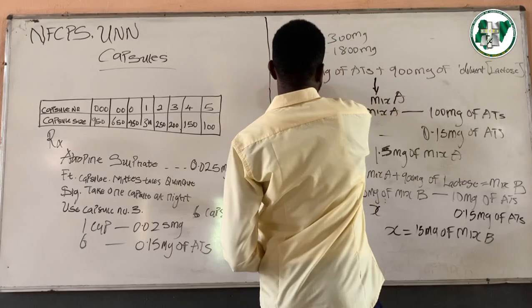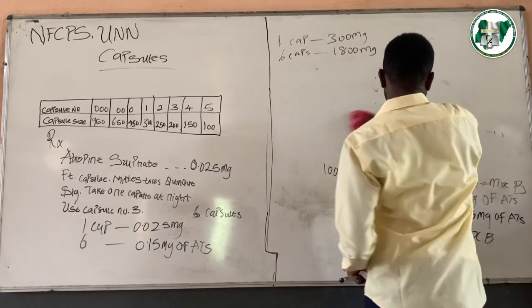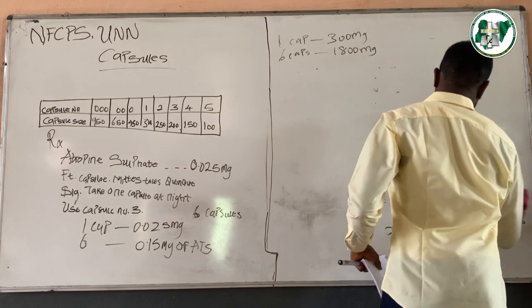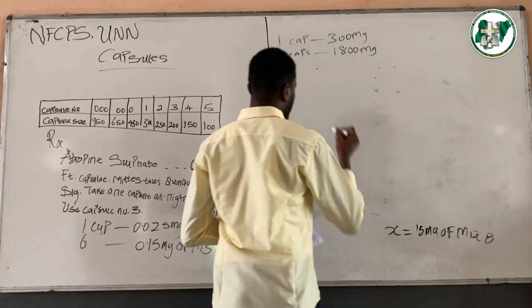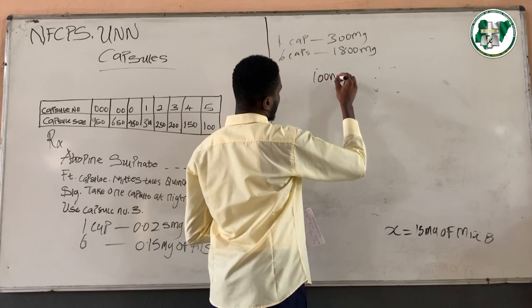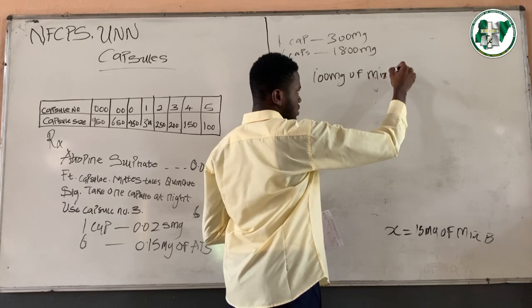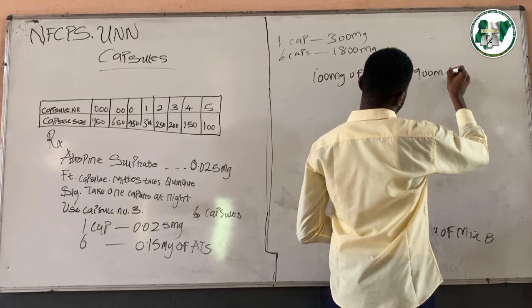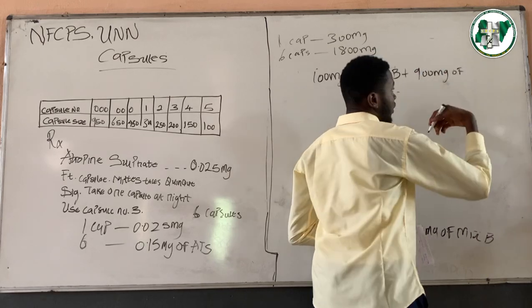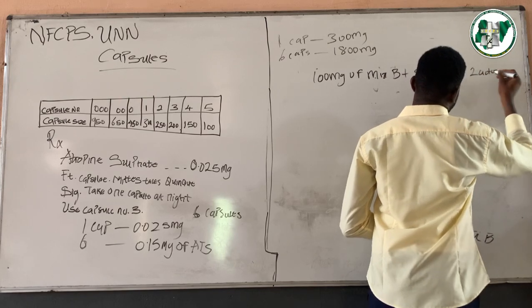So permit me to clean this side. Hope you've noted this up to now. So we now say 100 milligram of mixture B plus 900 milligram of a fresh diluent of lactose.